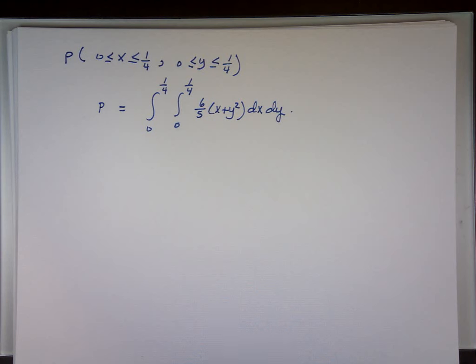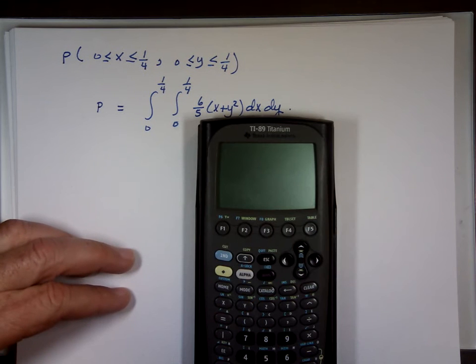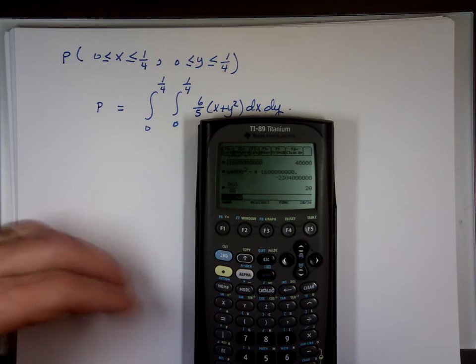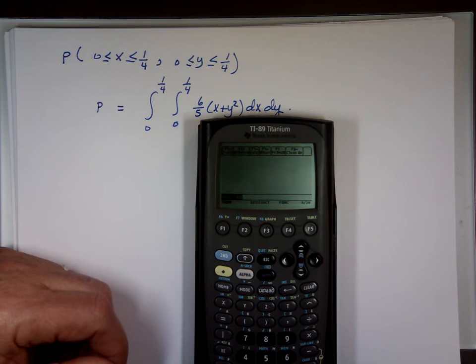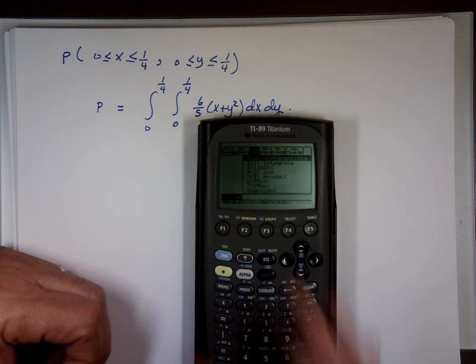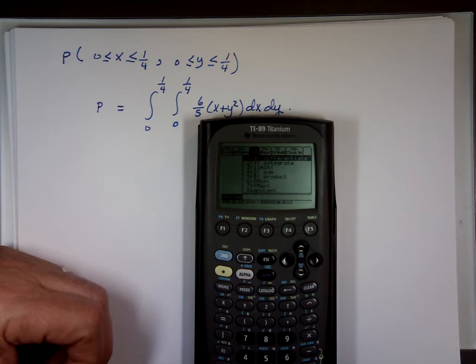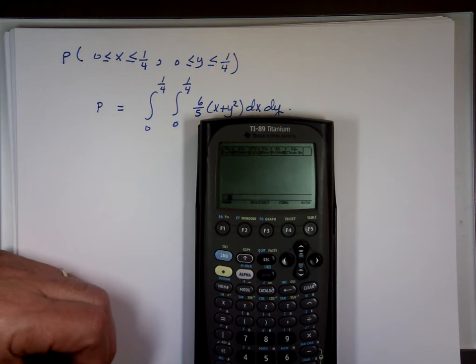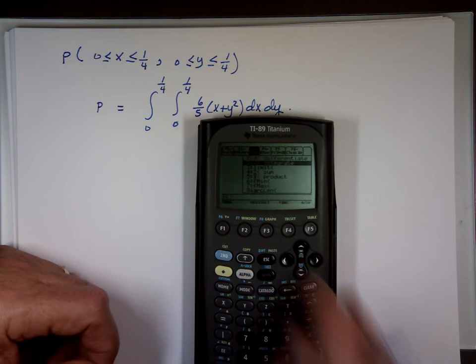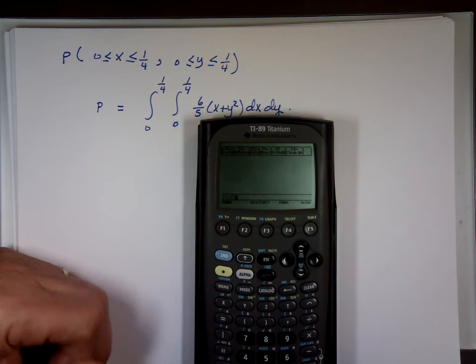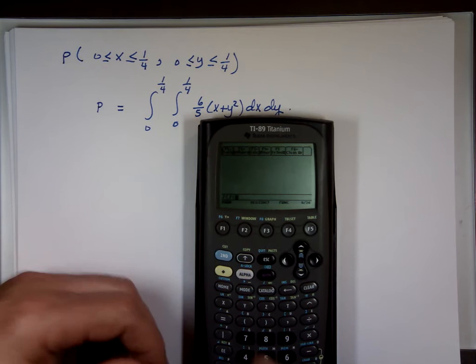Again, I can actually cheat here. If I don't want to integrate this by hand, we know how to integrate by hand. If I remember my TI-89, go F3, which is the integral. That's the first integral. I hit F3 again, second integral. And the function, I gotta write the function. I'm a big fan of parentheses.